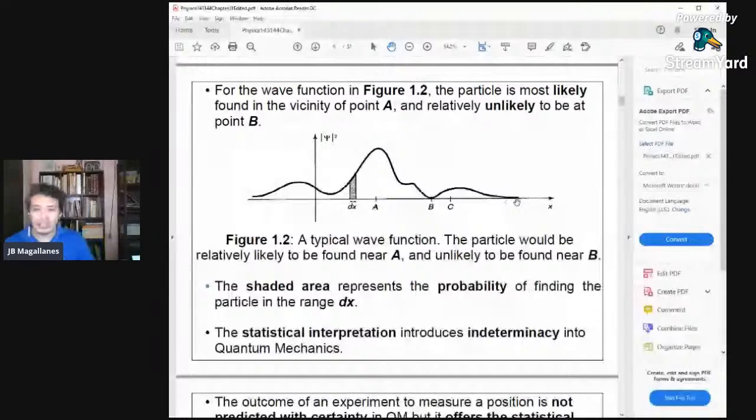By the way, I don't intend to let you understand fully or completely quantum mechanics. Quantum mechanics is difficult, but my objective is for you to be able to do quantum mechanics, not really understand, but in doing the operations, the processes in quantum mechanics, you'll be able to understand it.